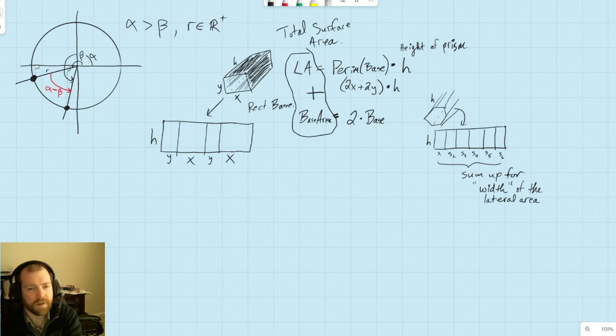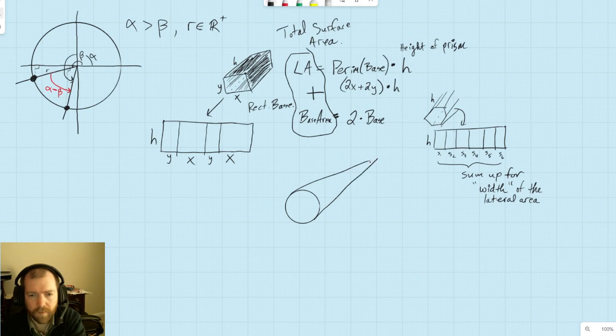I guess like the cone. There we go. So for a cone, the lateral area becomes a bit different because now you're oh wait.